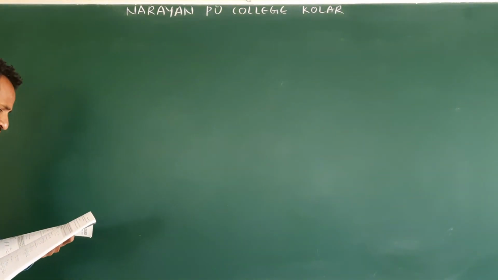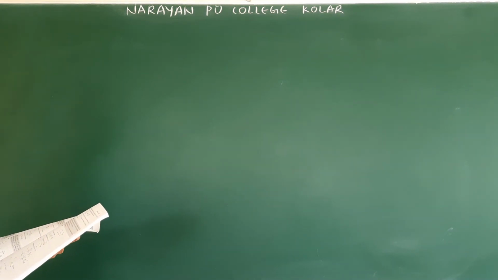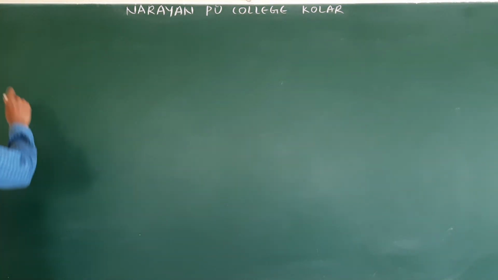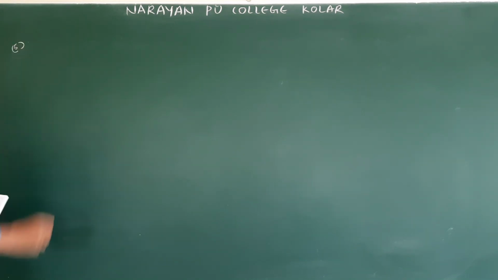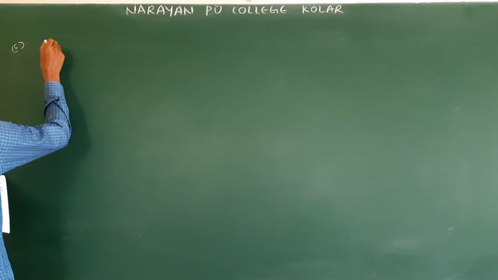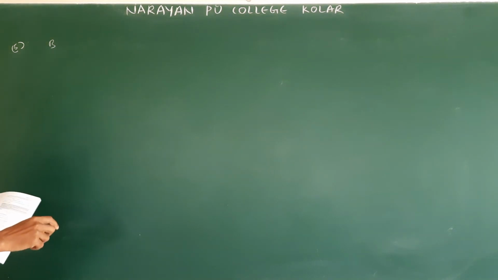Next, the fifth one. Example problem 5. If the magnetic field at a point on the magnetic equator is 30 microtesla, what is the magnetic moment of the Earth magnet? What is the value of the magnetic field of the Earth? Magnetic equator means what?